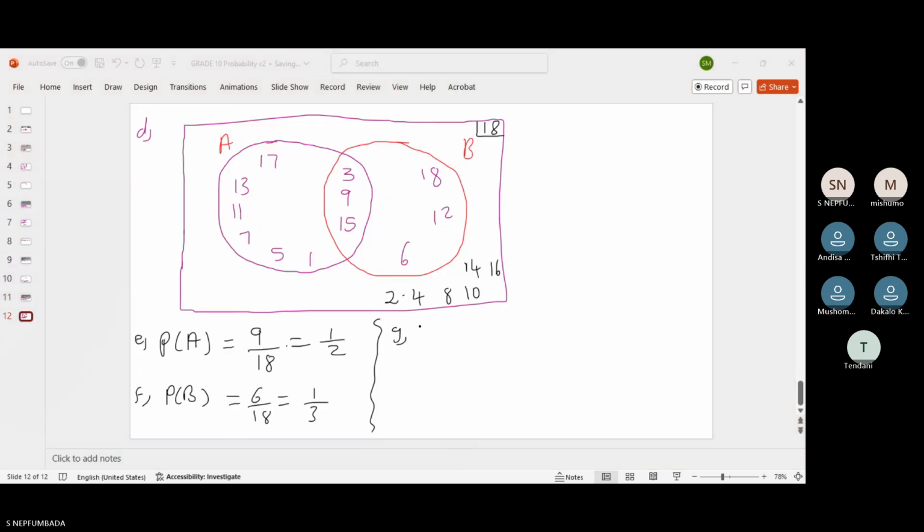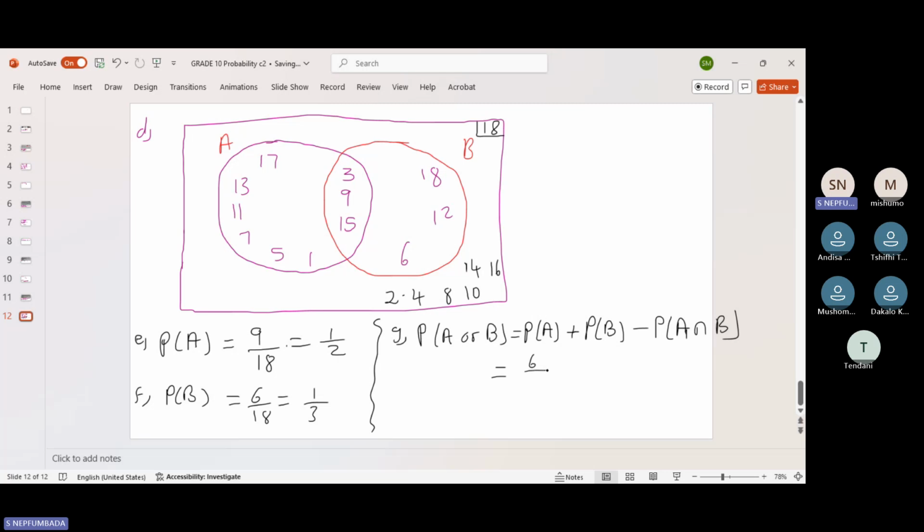We use a formula. Probability of A or B is equal to probability of A plus probability of B minus probability of A and B. So probability of A is 6 over 18, plus probability of B. Are you following?